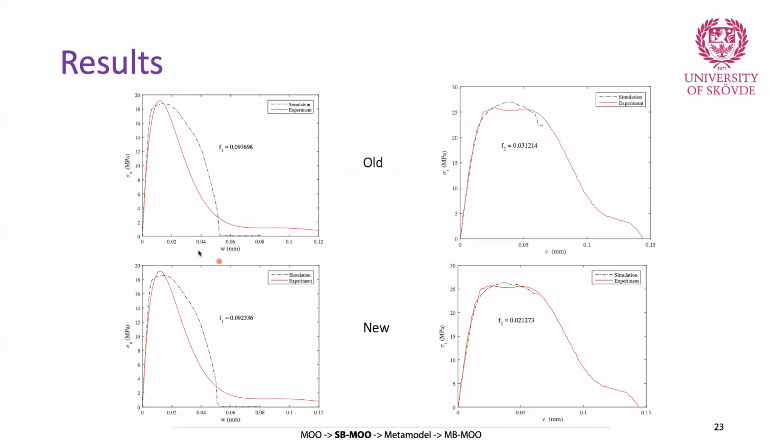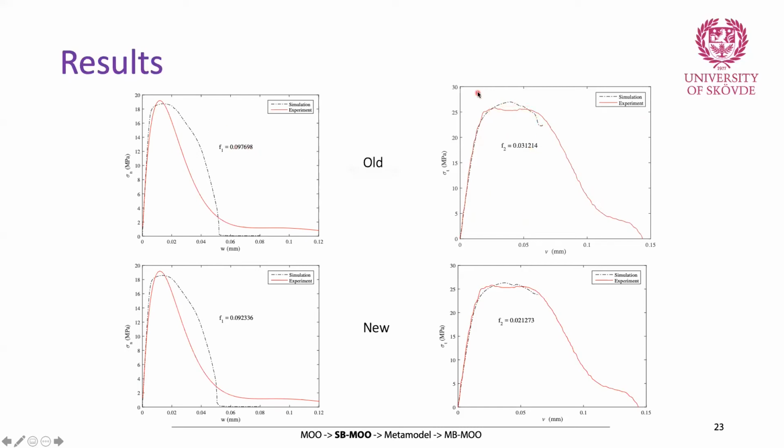Now look at the stress-strain curves and see the difference. On the top, you have the two stress-strain curves for the two modes. The first one is mode 1, which is for peel, and the second one is mode 2 for shear. This is the previous study. The red line shows the experimental stress-strain curve, and the dashed black line shows the simulation.